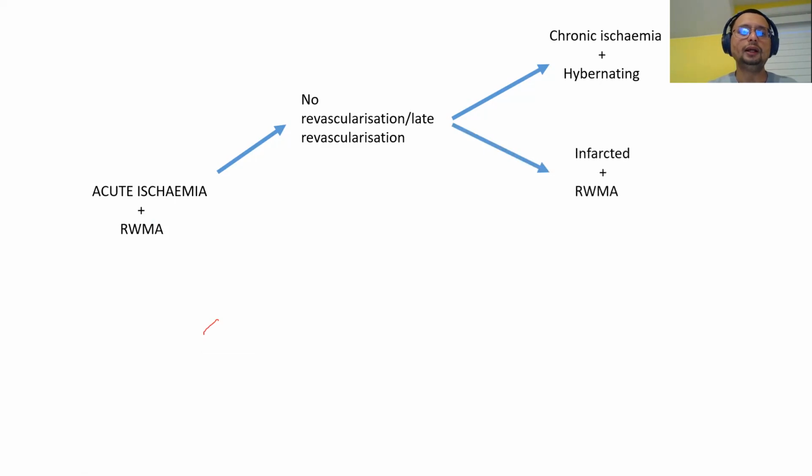The second one, of course, if you don't revascularize or you revascularize late, that segment will become infarcted. So the reasons for hypokinesia: one is hibernating, someone with chronic ischemia. Another one is infarcted. What is the last one? Say you have an acute ischemia and then you are able to revascularize, be it from primary PCI or thrombolysis.